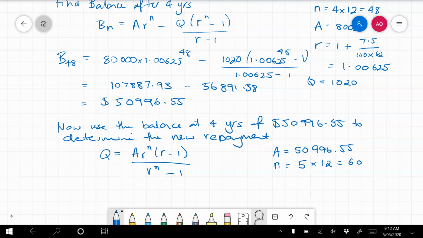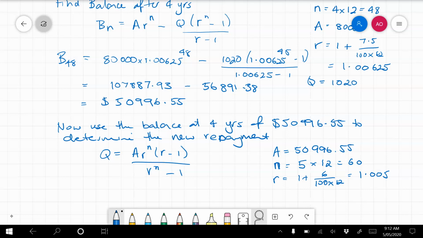That's the N: 5 years remaining times 12 monthly repayments gives me 60. The R is equal to 1 plus the new interest rate, 6% over 12, and that gives me 1.005 on the calculator.